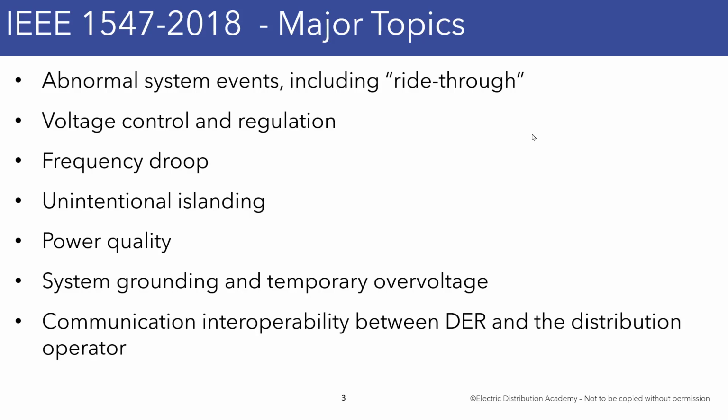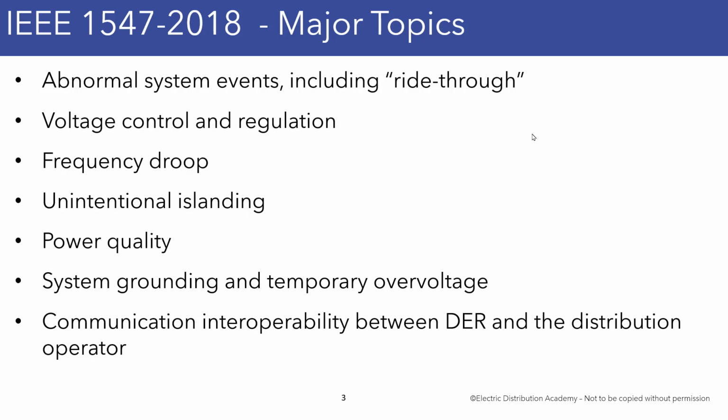System grounding and temporary overvoltage: DER must have the capability to provide support to the system and supply the effective grounding so that overvoltages like ground fault overvoltages and load rejection overvoltages are not contributed to by DER except within permissible limits as specified in the standard.